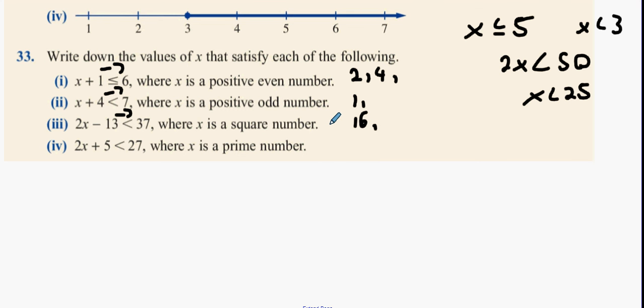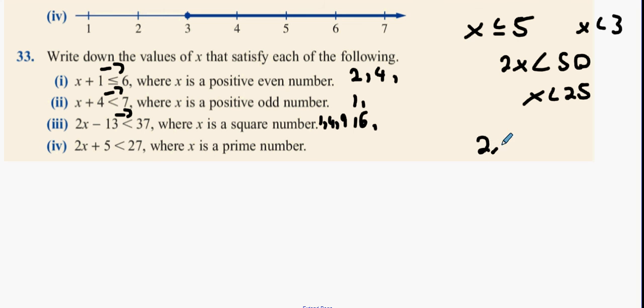What's 1 by 1? 1. 2 by 2. 4. 3 by 3. 9. 4 by 4. 5 by 5. Am I allowed to use 25? That's fine. Exactly. Charlie? Does 1 count as a square number? Yes, 1 by 1 is a square number, definitely. Is it a prime number? No, it's not a prime number.